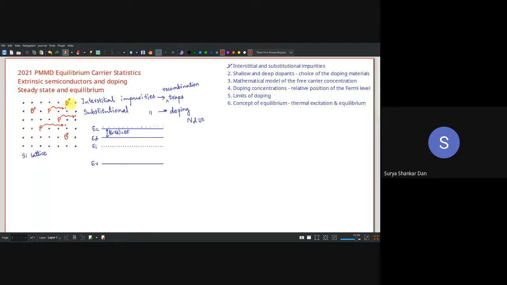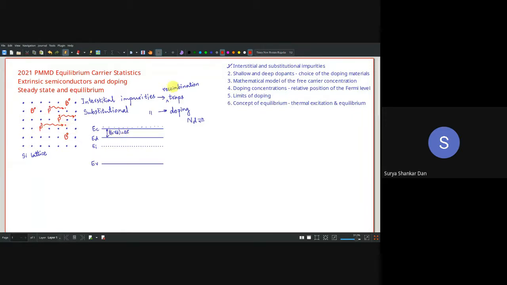Once the electrons are moving, clearly it is going to be P plus, with one electron lost. The moment we say the electrons have left their parent atom, making it a positive ion, those electrons are now free to move. Free to move means they are in the conduction band. But when is that possible?